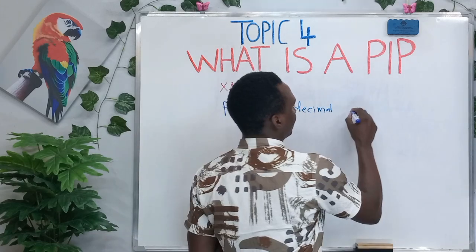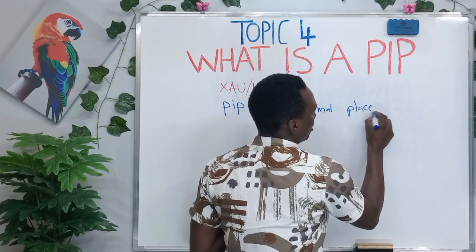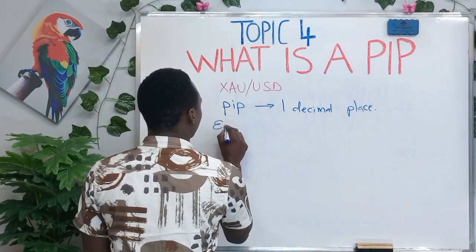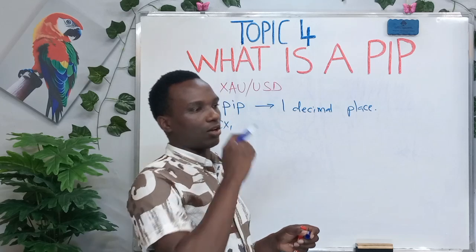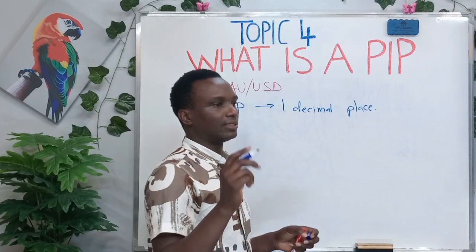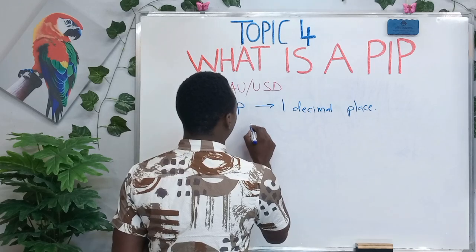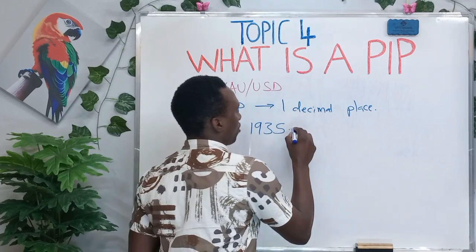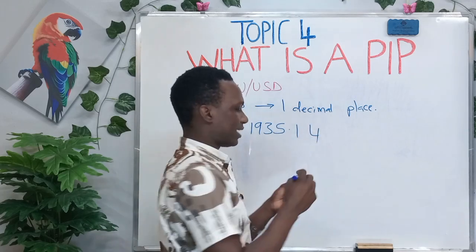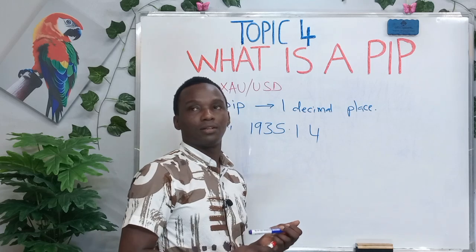All right? So let's take an example. What is the price of gold? 1935.14. Let us express that in decimal places.